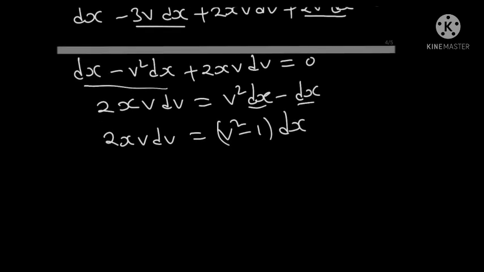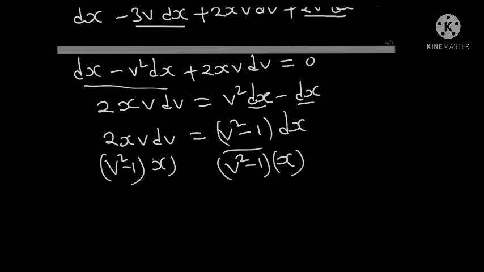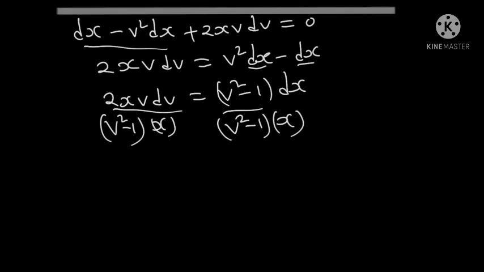Now, let's divide both sides by v squared minus 1, and at the same time, let's divide by x. Now, x and x will cancel, so we remain with 2v over v squared minus 1 dv equals 1 over x dx.